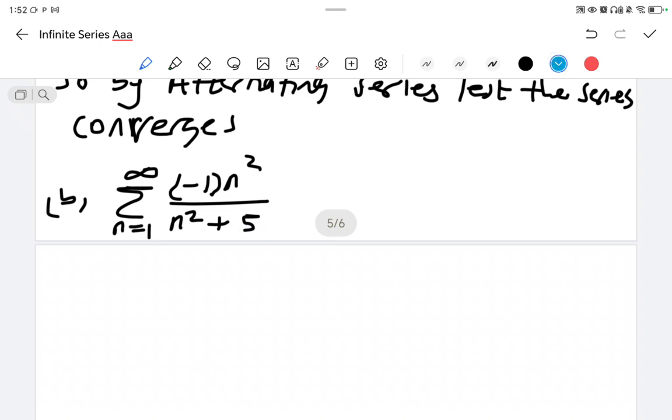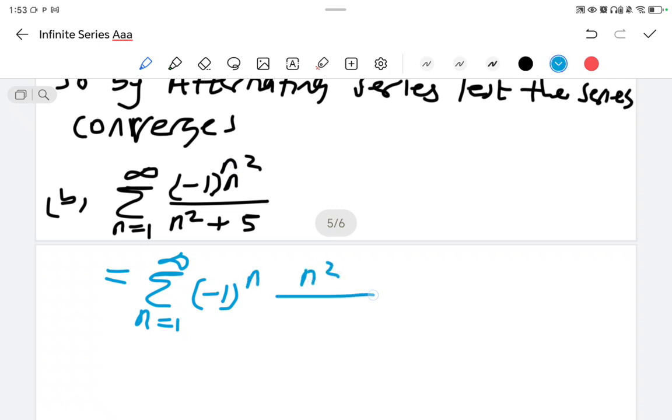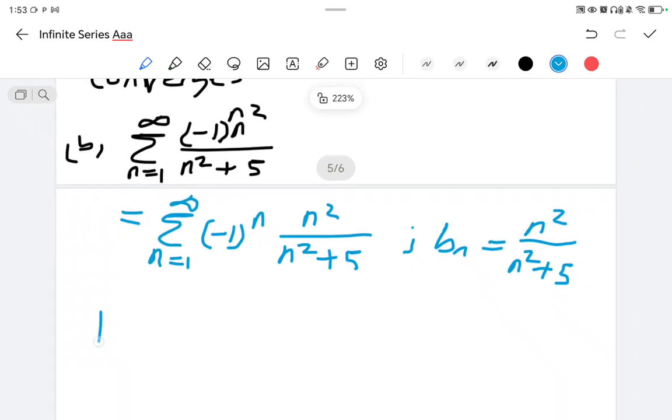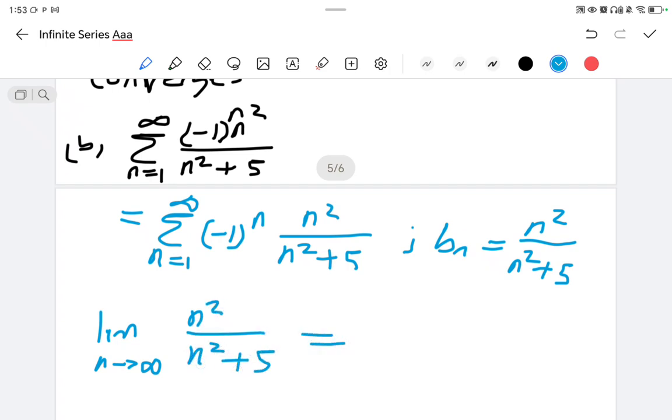Then we know that we can write this as minus 1 to the n, squared over n squared plus 5, given that bn is equal to n squared over n squared plus 5. Now we check the limit first. We check the limit as n approaches infinity of n squared over n squared plus 5. This is what? 1. You see, right?